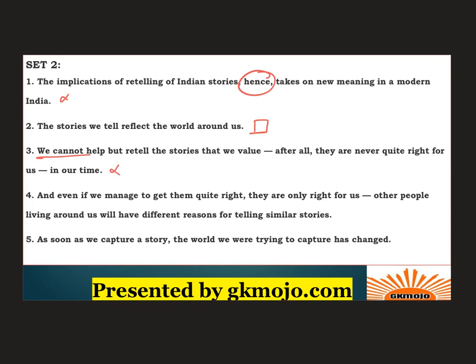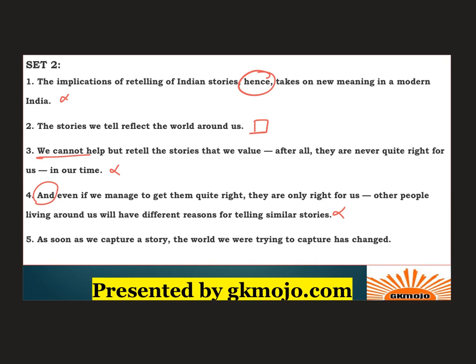And even if we manage to get them right, they are only right for us. Other people living around us will have different reasons for telling similar stories, right? So this is starting with 'and'. So pretty much clear that this should have something before it. So definitely this cannot be your first sentence, right? As soon as we capture a story, the world we are trying to capture has changed.